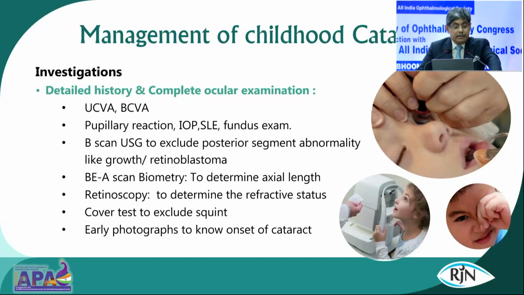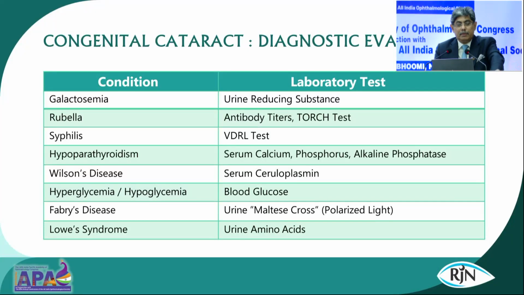Retinoscopy, cover test, early photographs, and we should rule out retinoblastoma or posterior segment pathologies. Pathological tests are done for each disease associated with congenital cataract, like galactosemia, rubella, syphilis, Wilson's disease, etc. Coming to IOL implantation, this provides a permanent correction, and this is the choice; most of us do IOL implantation in the majority of our patients.